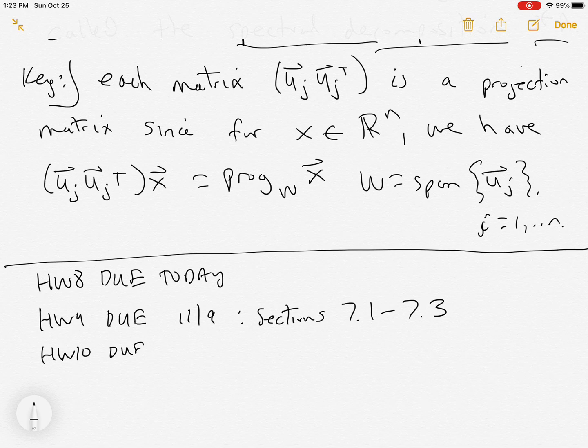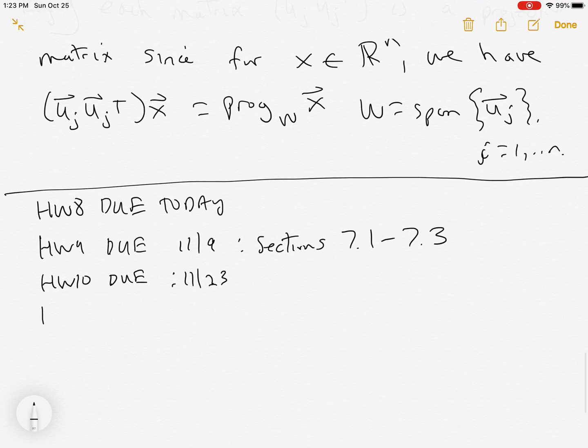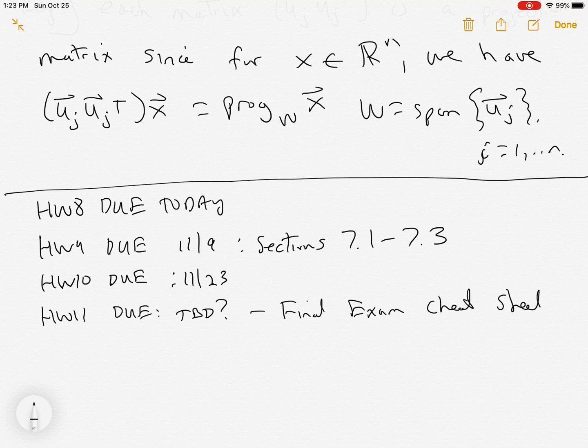Homework 10 is going to be due on the 23rd. And then homework 11, I'm not sure when that's going to be due, but it's going to be our final exam cheat sheet plus a surprise.